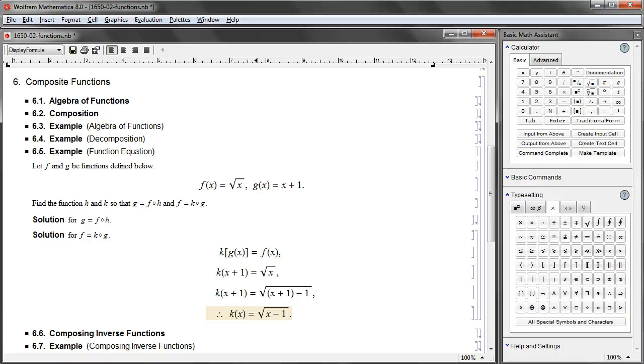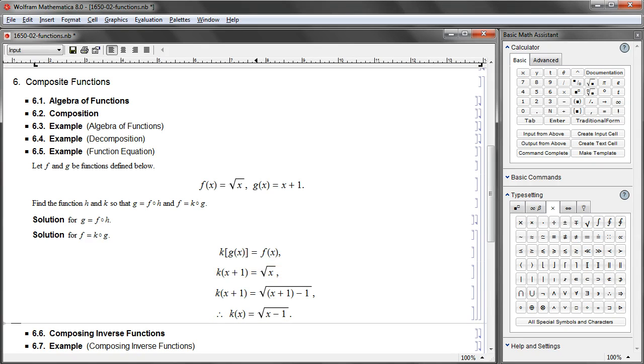Basically, if square root of x minus 1 is k and g is x plus 1, and we apply k of g, then you get the original function back because you're just plugging x plus 1 in place of this x over here. So you get x plus 1 minus 1. Consequently, we get square root of x.